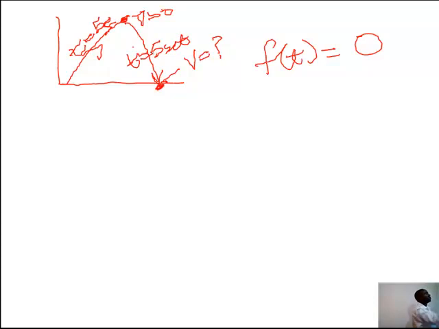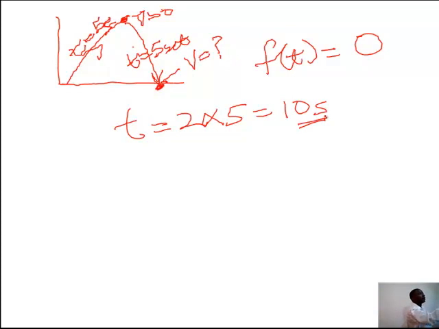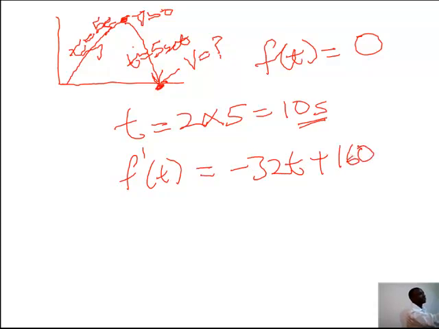The t to reach. So the total time the ball took to travel is going to be 2 times 5, which is going to be 10 seconds. So we just substitute the value of t into the expression of velocity we derived the other time, which gave us this expression, minus 32t plus 160.